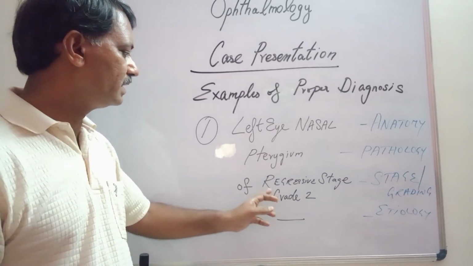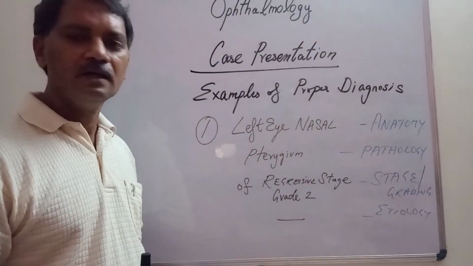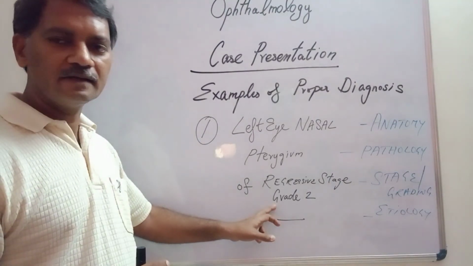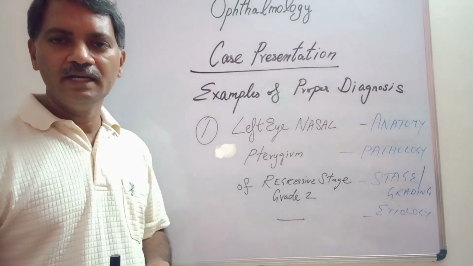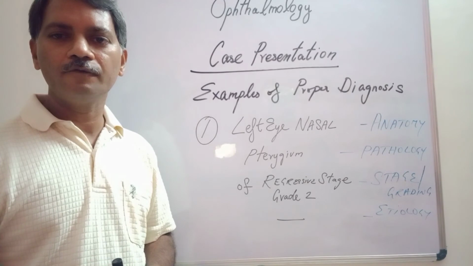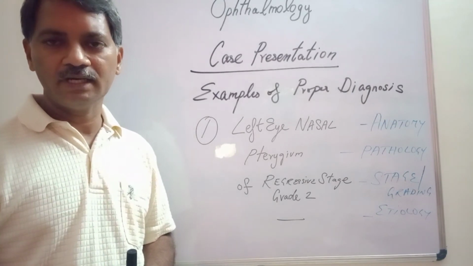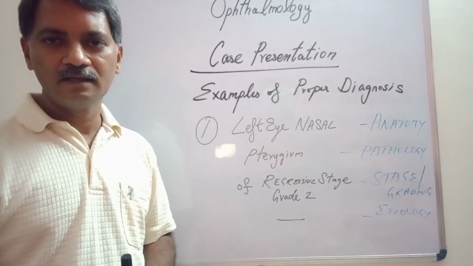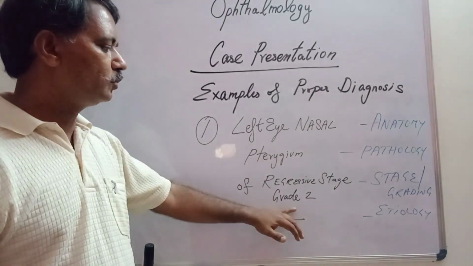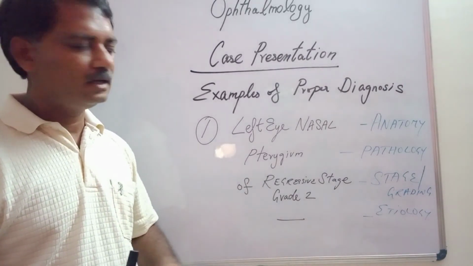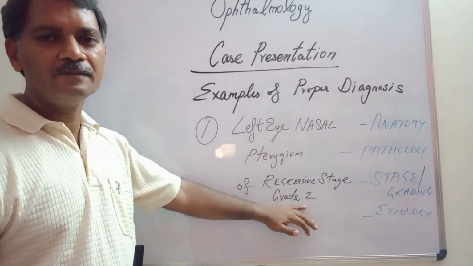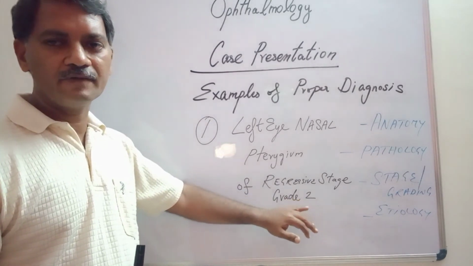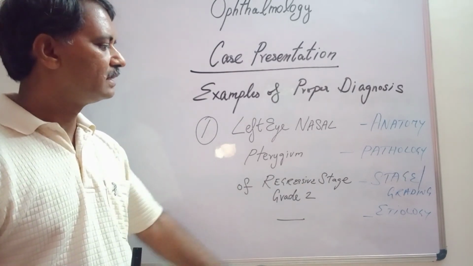So that is why we have called it regressive stage. It also has a grade, grade 2 here. Depending upon the amount of involvement of the cornea, grading is done. So here it is a grade 2 involvement of the cornea that I have mentioned. It indicates the cornea is affected in this case.